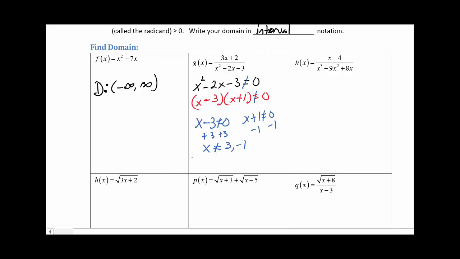If you think about it graphically, at -1 and 3, I've got open circles there, and anything else besides those two numbers is part of this domain. So then I need to figure out how to write that in interval notation. The domain is going to be -infinity to -1, union -1 to 3, union 3 to infinity.